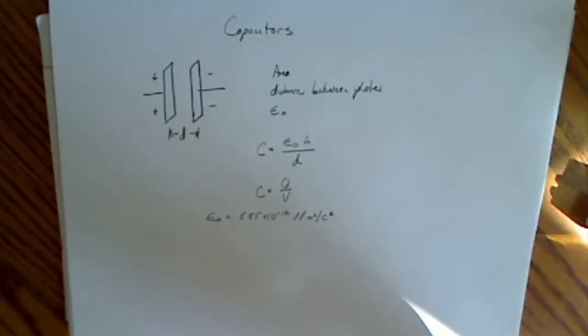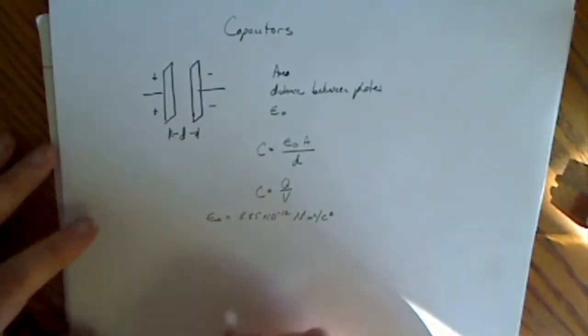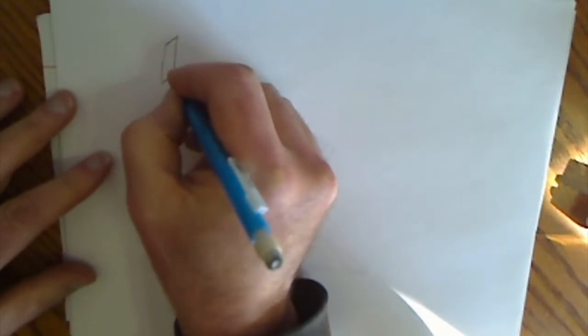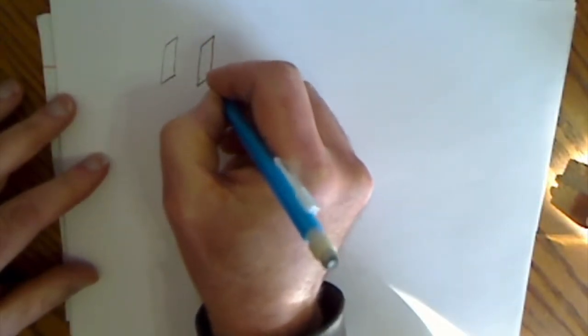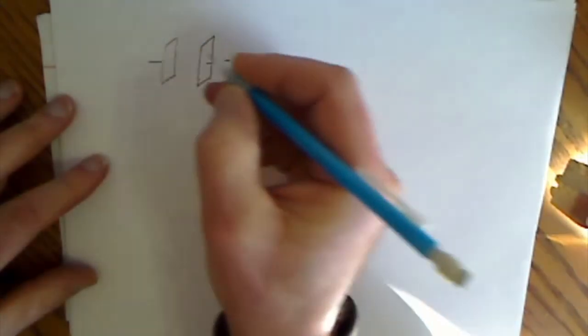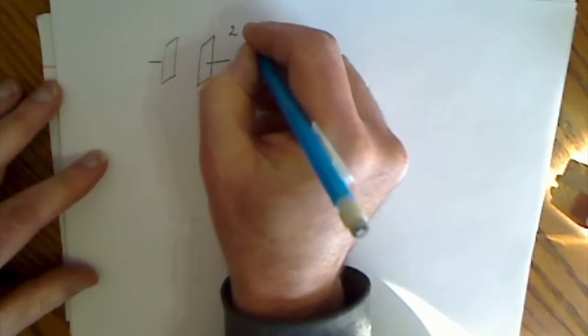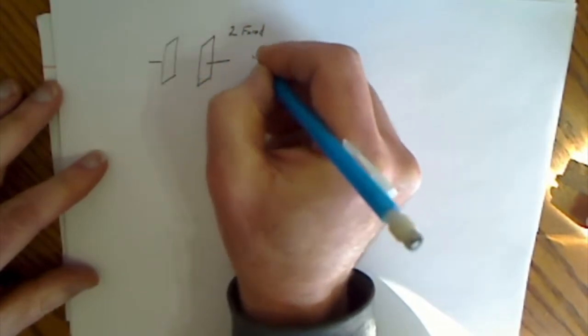Now let's take a real simple example. Let's say that we've got two plates. Let's say we've calculated out that capacitance for these two plates. Let's say that they are a 2 farad capacitor. Capacitance is measured in farads.